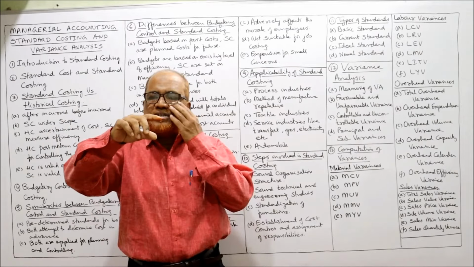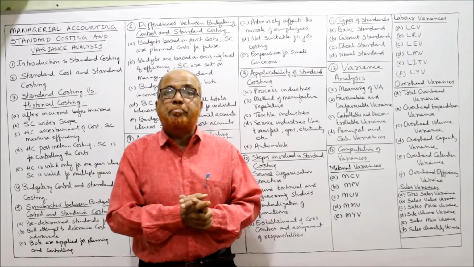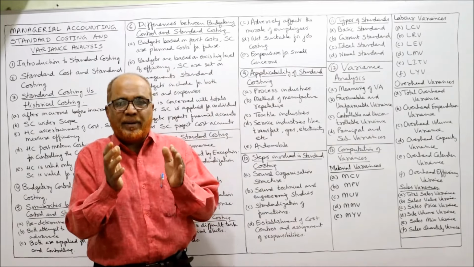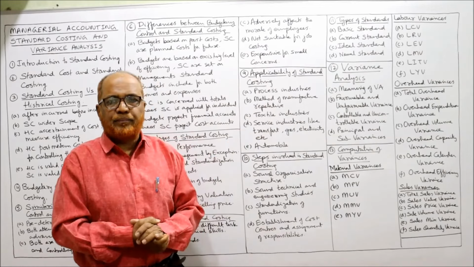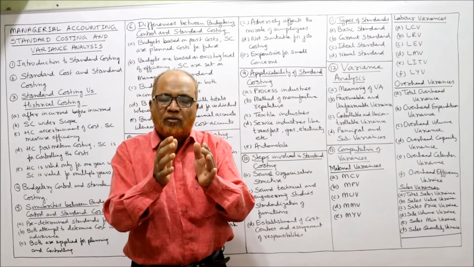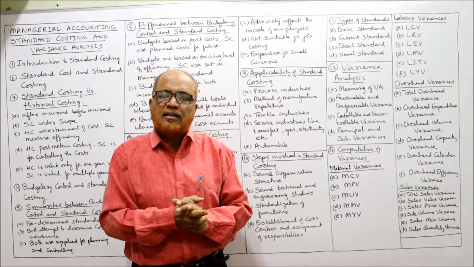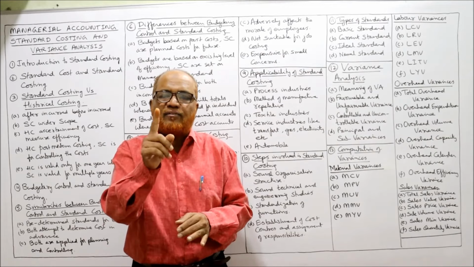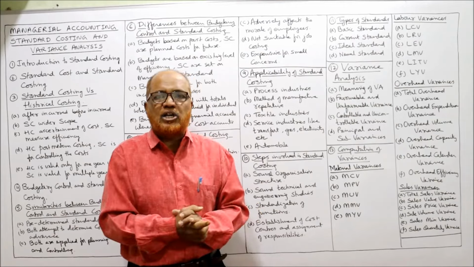That is called basic standard. The current standard will be made from basic standard only. Current standard is a standard which is made only for 1 year, for the current operational activities. That means the standard which is made only for 1 year is called current standard, for the current working conditions.